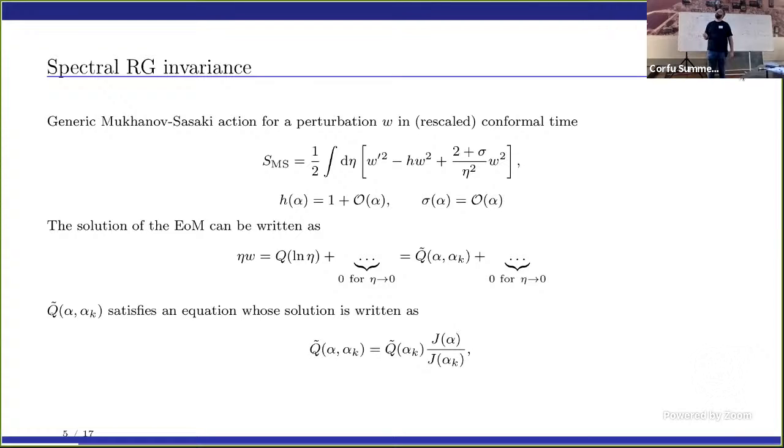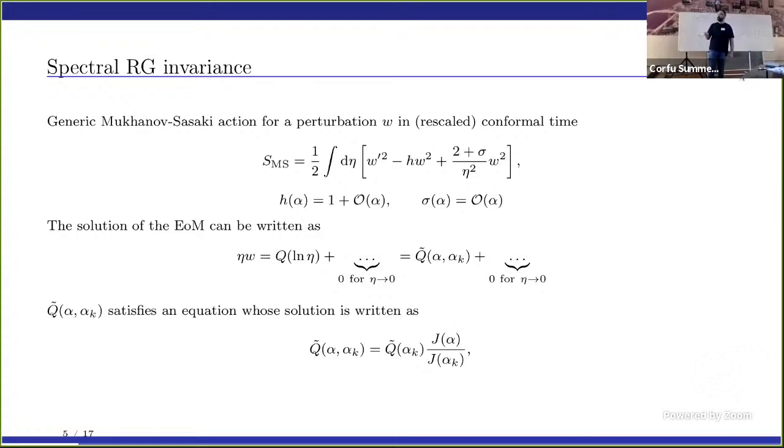Usually you do your perturbation, compute the quadratic action for the perturbation in the background, and then change variables until you reduce everything to this form, where eta is the rescaled conformal time. I place here an h factor, which is a function expanded in alpha.